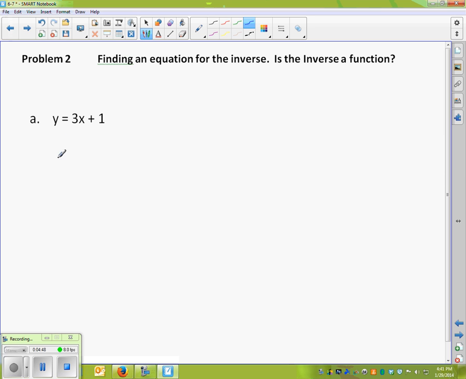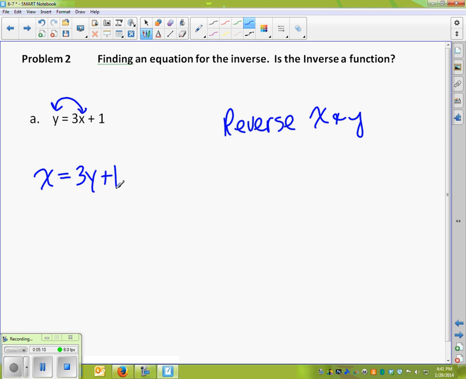I have y equals 3x plus 1. I want to reverse the x and y. So I'm going to have them switch places: put the x where the y was, x equals 3y plus 1.